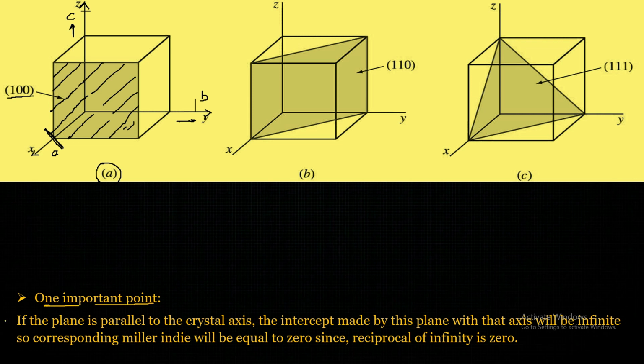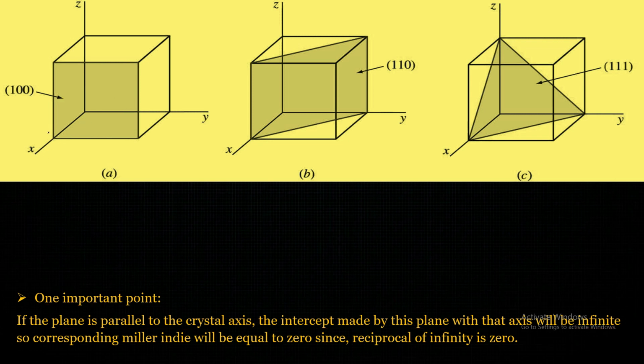If the plane is parallel to a crystal axis, like this plane is parallel along the y-axis and z-axis and cuts along the x-axis only, then the intercept made by this plane with that axis will be infinite.